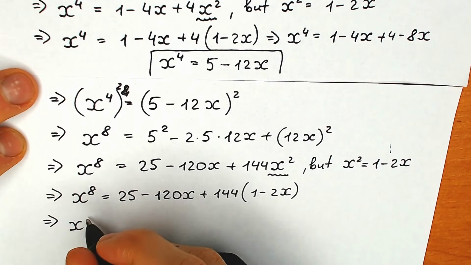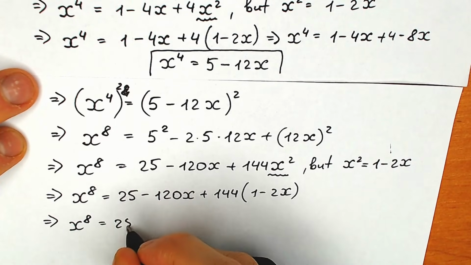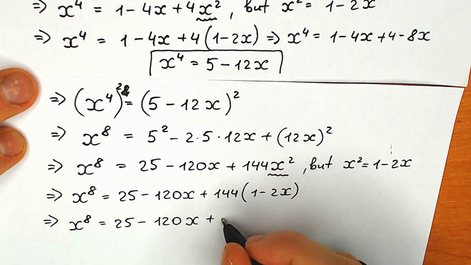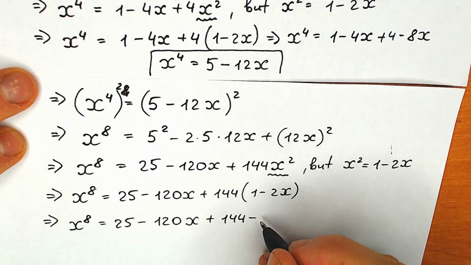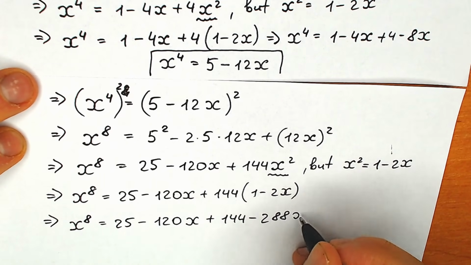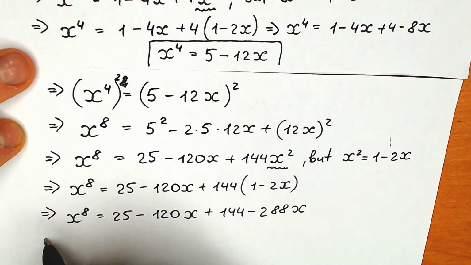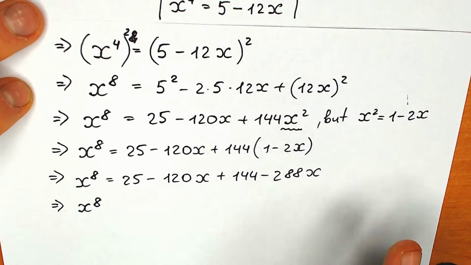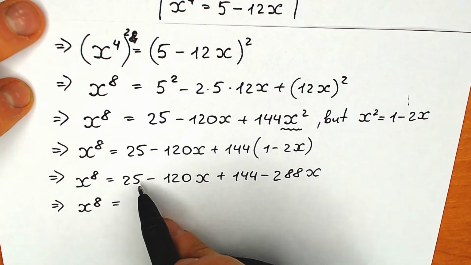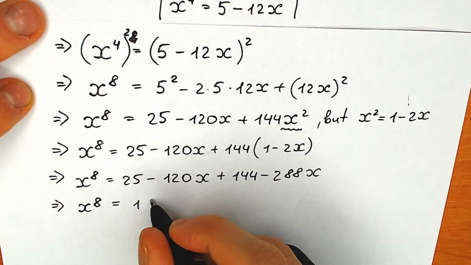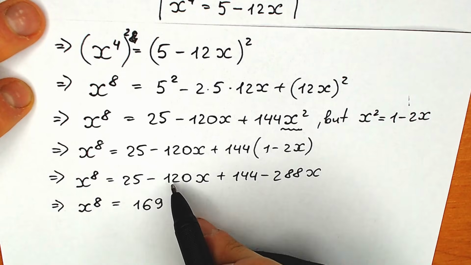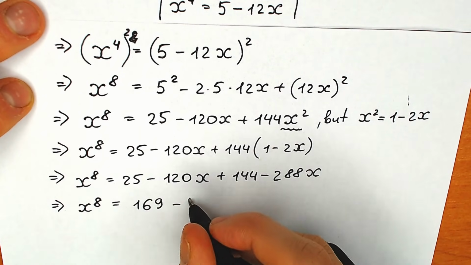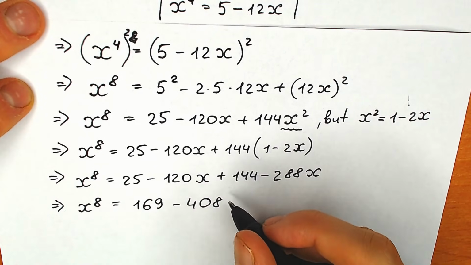We have x to the power 8 equal to 25 minus 120x plus 144 minus 288x. As a result, what do we have? x to the power 8 equal to 25 plus 144 equal to 169, and minus 120x minus 288x equal to minus 408x.